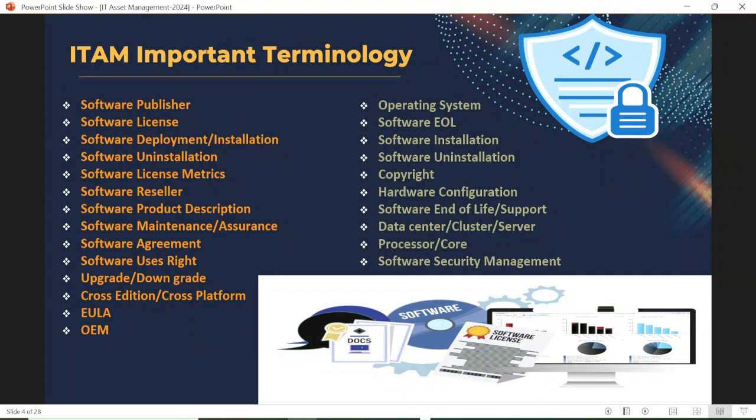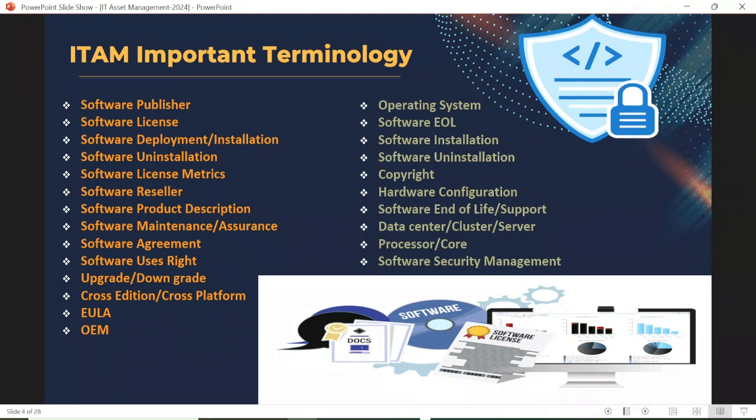The next term is software license metrics. Software license metrics is a very important aspect in software asset management, because this fundamental helps us understand software usage, the way we can buy the software, and measure the usage of software.